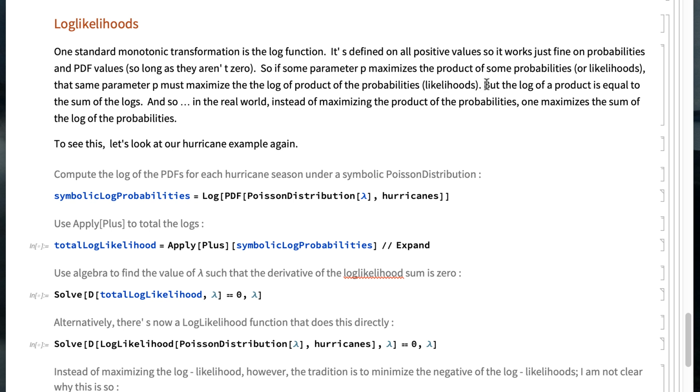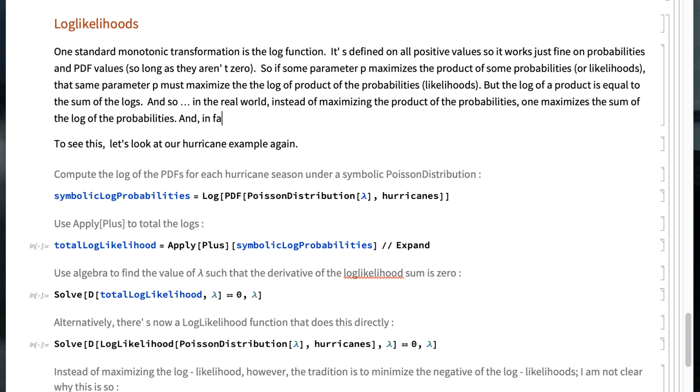But, and this is where the computer gets very happy, the log of a product, at least of real numbers, is equal to the sum of the logs. And so, in the real world, what people do, instead of maximizing the product of the probabilities, you maximize the sum of the log of the probabilities.